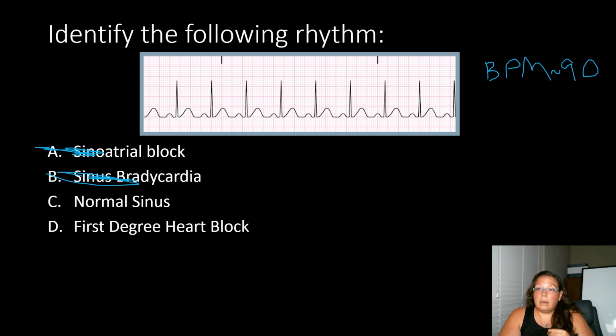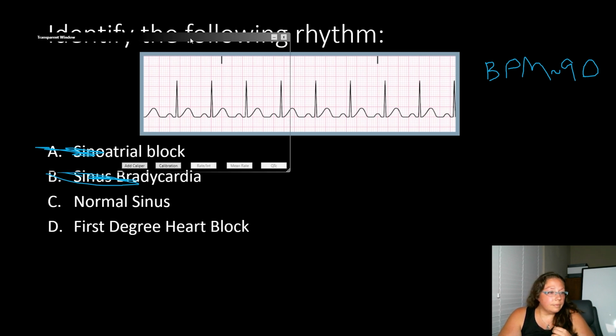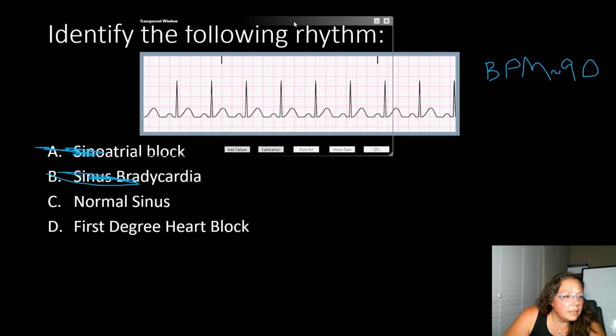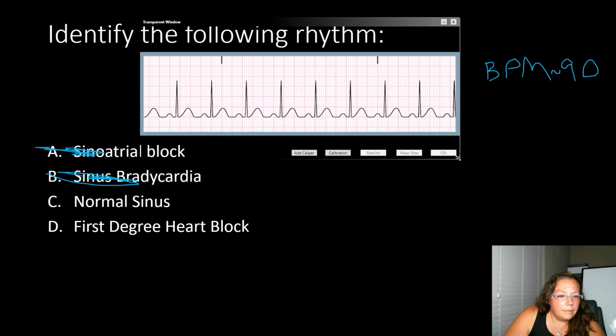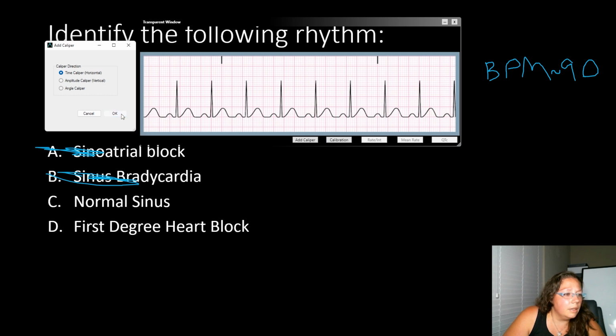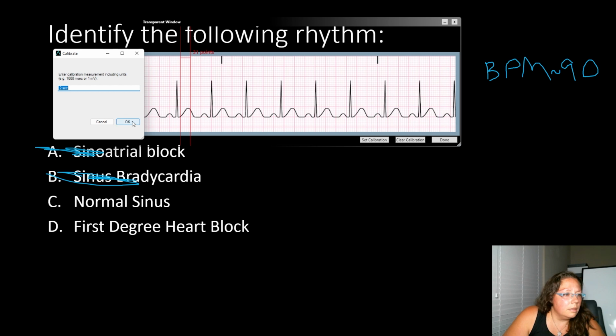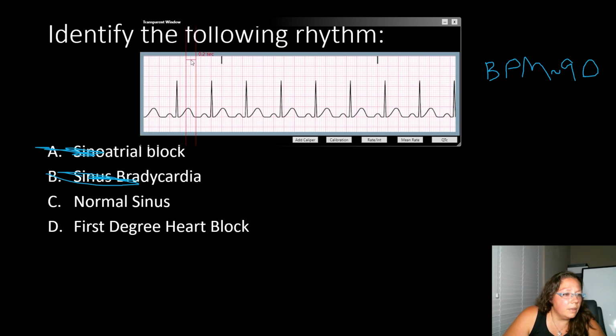Well, we've got to pull out our calipers. So let me get this lined up here. Okay, we're going to add a caliper. We're going to calibrate it. All right, we are calibrated.